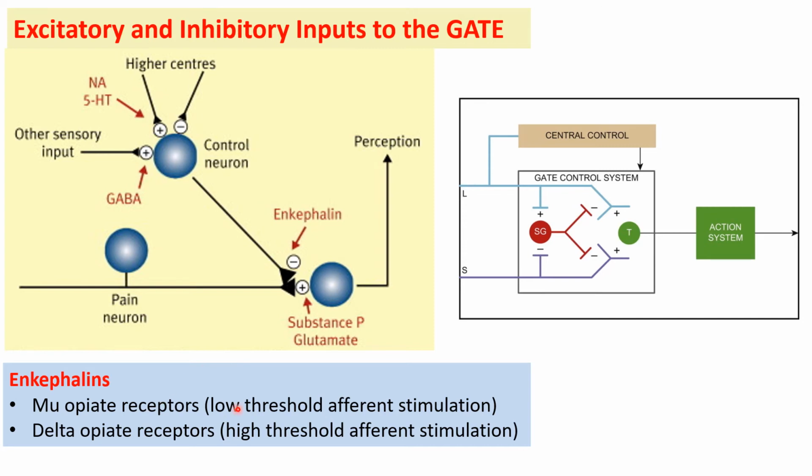Low threshold stimulation would probably involve glutamate, which would be suppressed with the mu opiate receptors. High threshold stimulation for relieving pain involves delta opiate receptors, and the same thing is picturized here with the Melzack-Wall model of the gate.